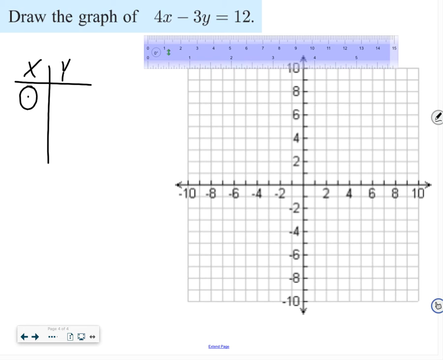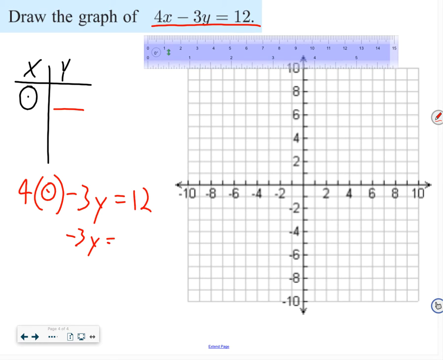So as I plug in x being equal to 0, I get 4 times 0 minus 3y is equal to 12. I want to find my y, so I'm solving that. 4 times 0 is 0. That goes away, so I'm left with negative 3y is equal to 12. Okay, so I divide this by negative 3, divide this by negative 3, and I get y is equal to negative 4.